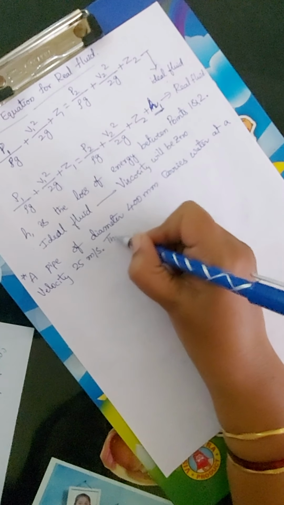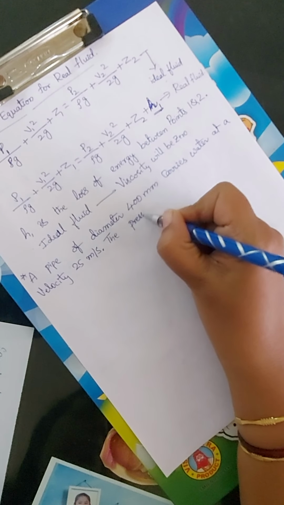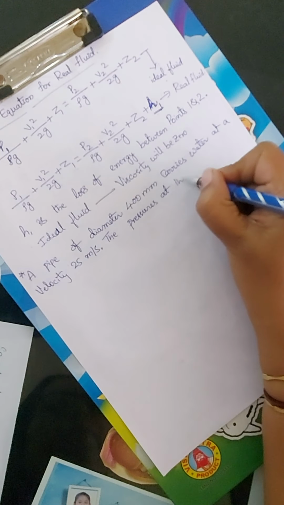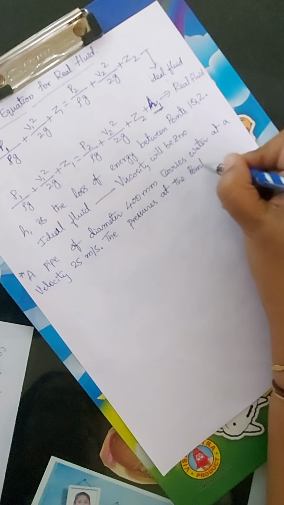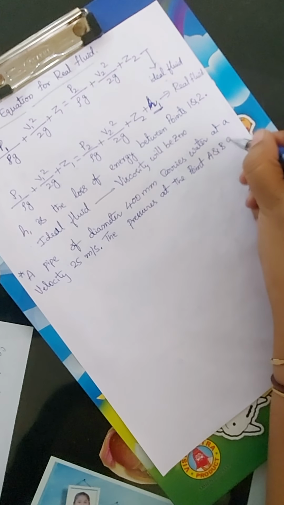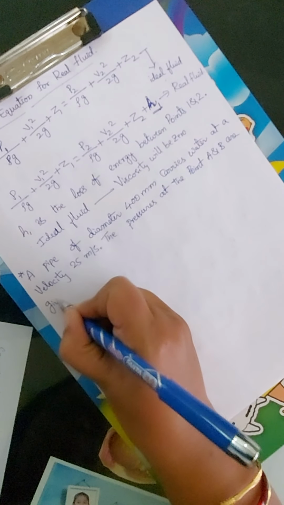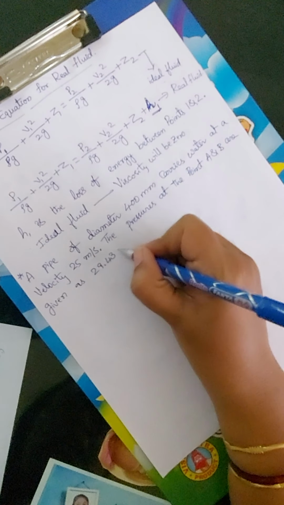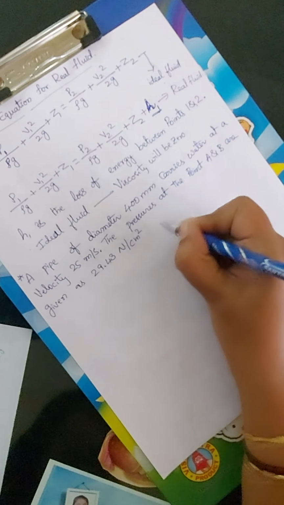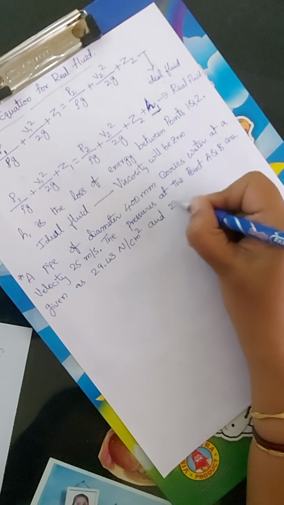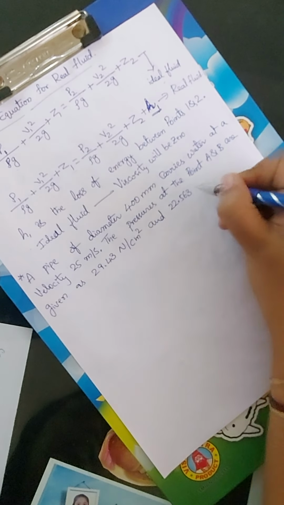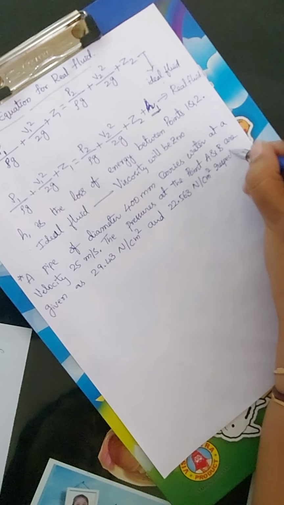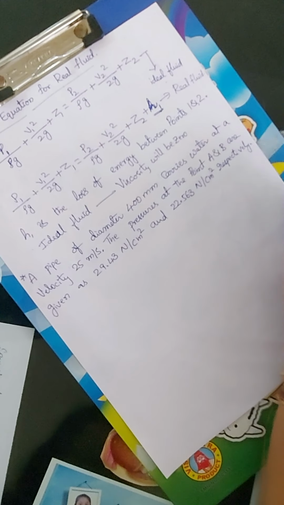The pressures at points A and B are given as 29.43 Newton per centimeter square and 22.563 Newton per centimeter square respectively.